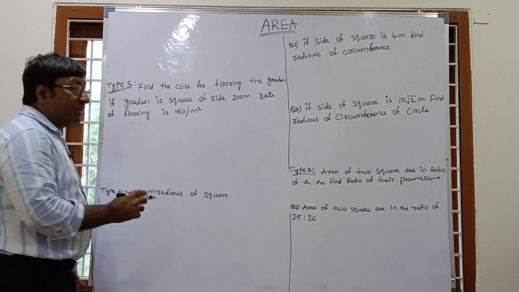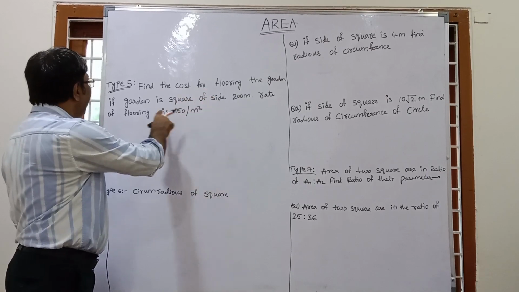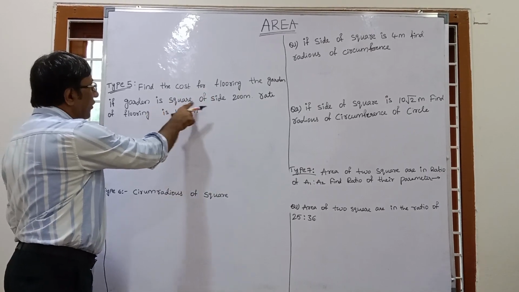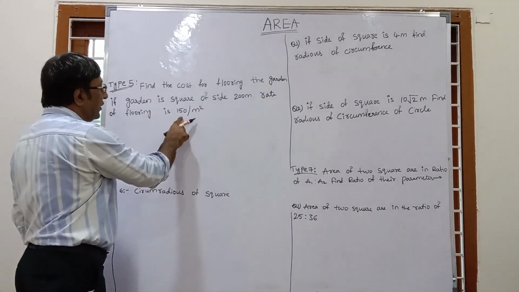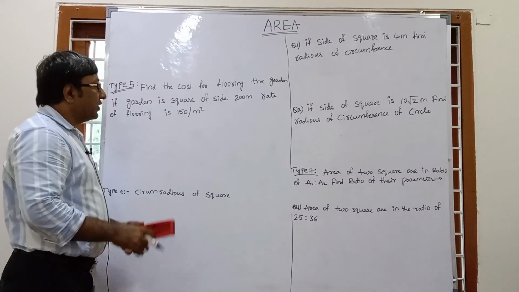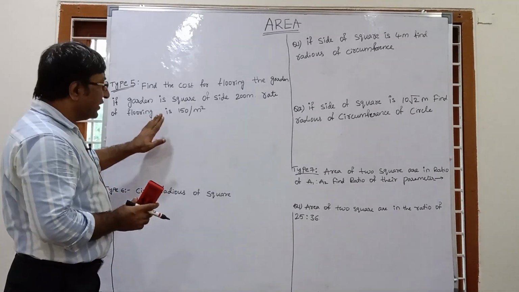See, the question is: find the cost for flooring the garden if the garden is a square of side 200 meters, and the rate of flooring is given as 150 per meter square. For this type of question, the most important thing is to first read the question carefully.